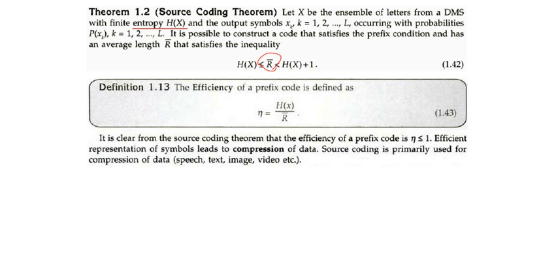Efficiency is defined as H of X by R bar, where H of X is the average self information or entropy, and R bar is the average code word length, both of which we have defined earlier.